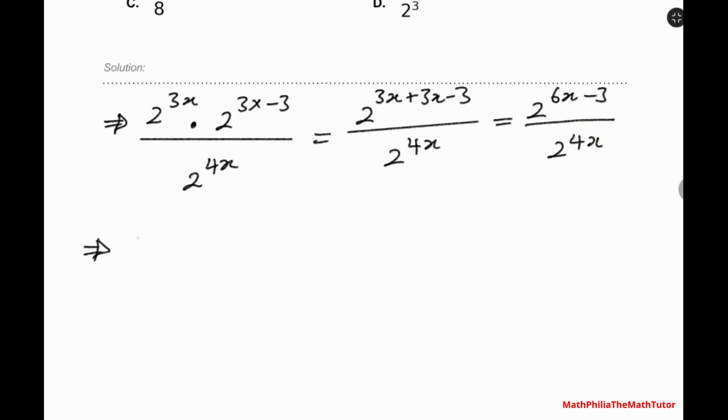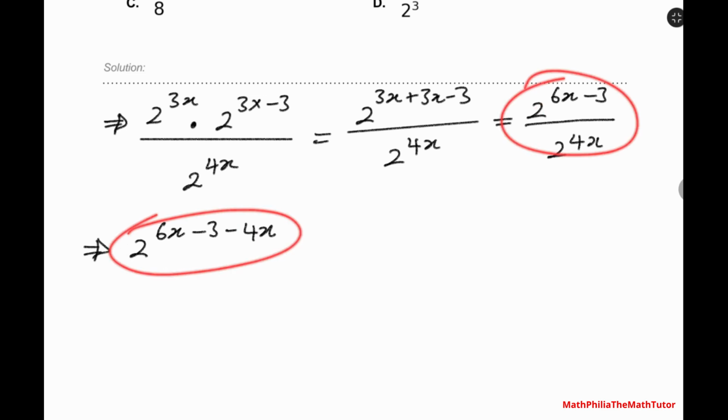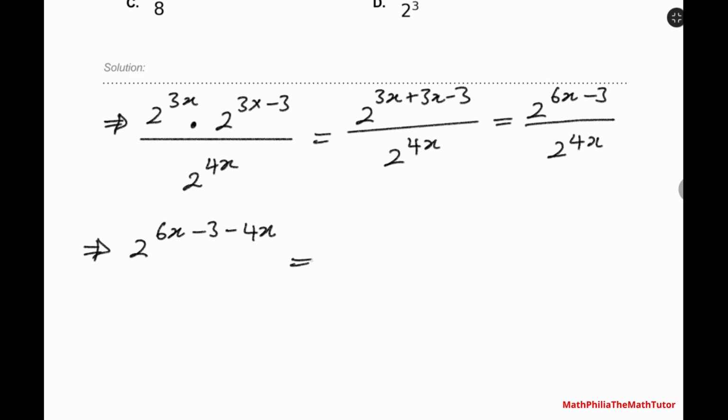Okay, we have 2. You begin with the numerator. You start with the numerator. The power of the numerator is 6x minus 3. Then we subtract from that the power of the denominator, which is 4x. Okay, so this is equal to, well, we have 6x minus 4x.